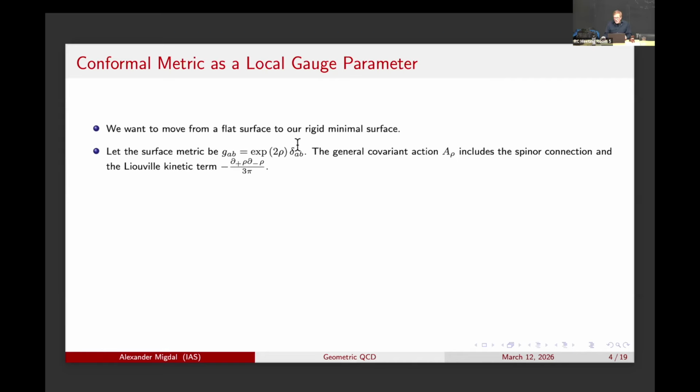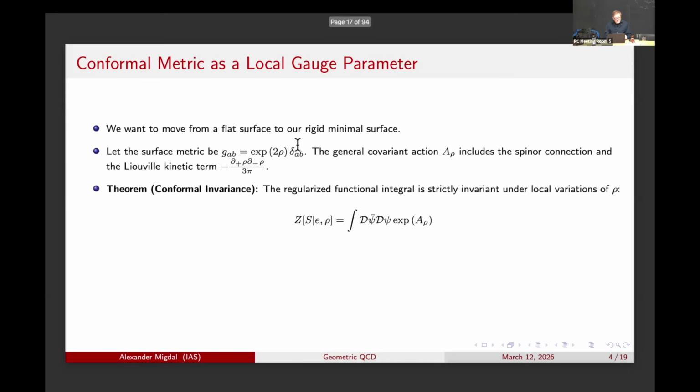So then, of course, there will be spinor connections because spinor particles feel the geometry a little bit, but they feel it. And there will be also a very important term, which I will derive later, the anomaly Liouville kinetic term.